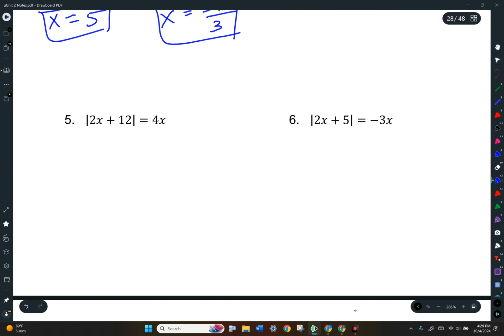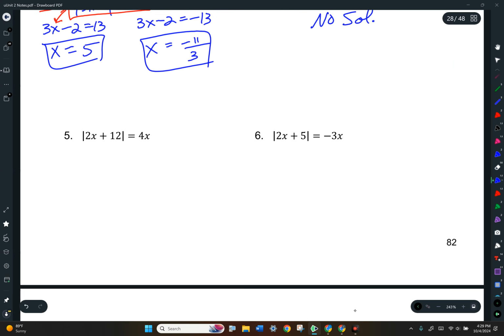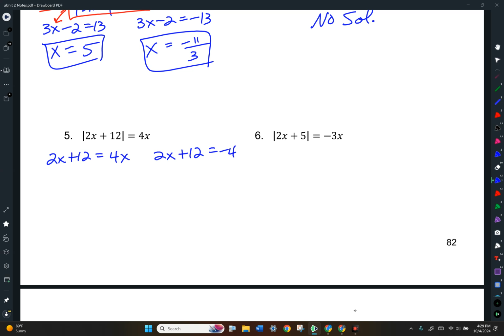Number 5. All right, you're like, oh, there's x's on the other side. That's okay. You follow the exact same plan. The absolute value is by itself. Check. So I'm ready to write my two equations. So one equation is going to be 2x plus 12 equals 4x. And the other equation is going to be 2x plus 12 equals negative 4x. I do exactly the same as I did up above.